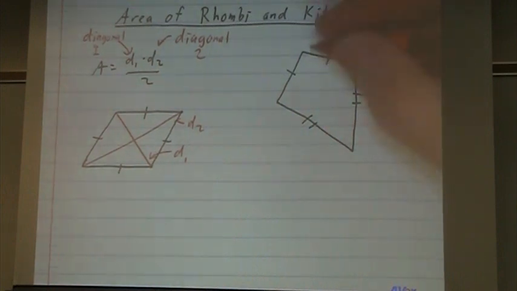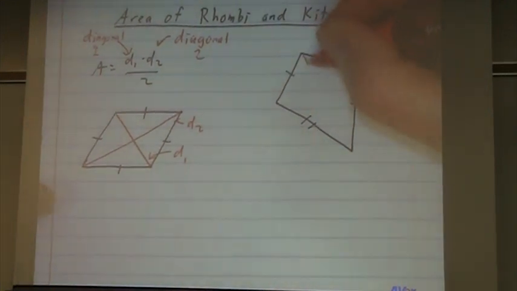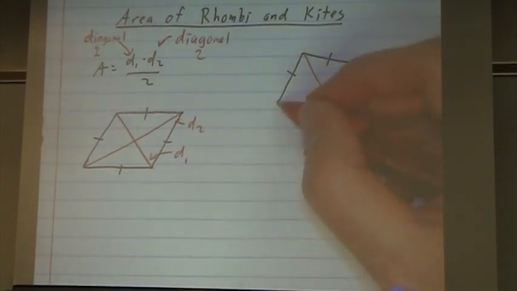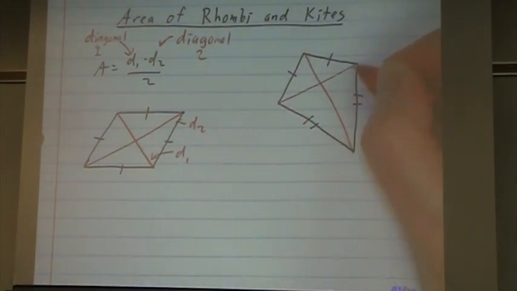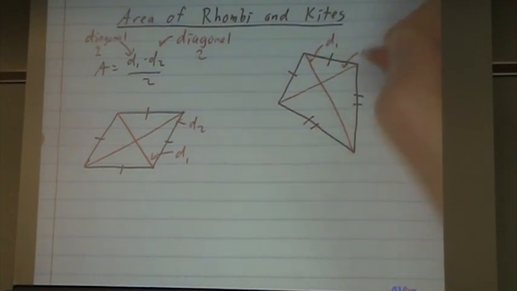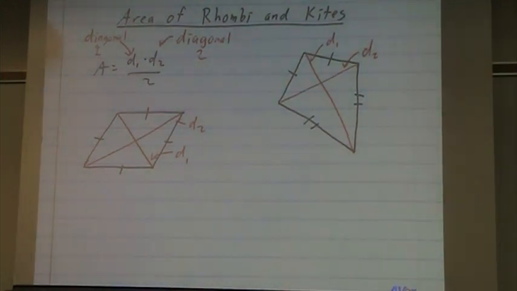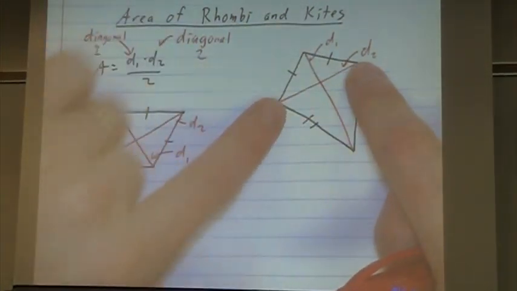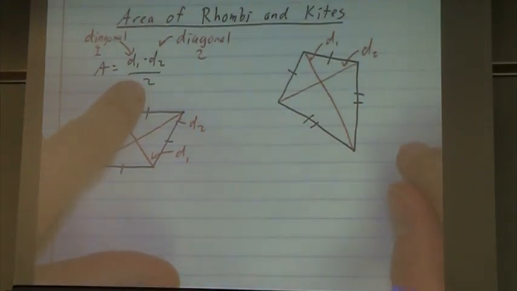So, here we go. The diagonals for a kite are almost like the sticks you would use if you made a real kite. So you've got D1 right here, and D2 right there. Again, if you switch your diagonals, it's not going to matter. All you do is multiply one diagonal by the other diagonal, and then remember to divide by 2.